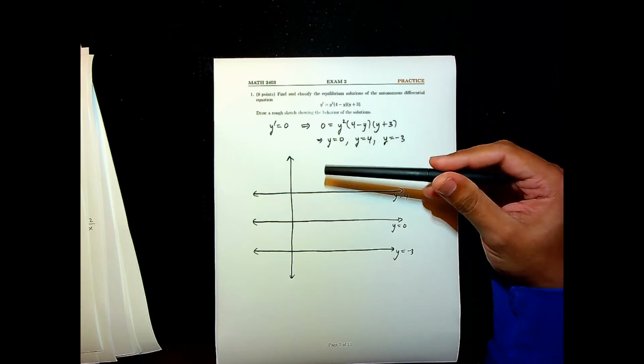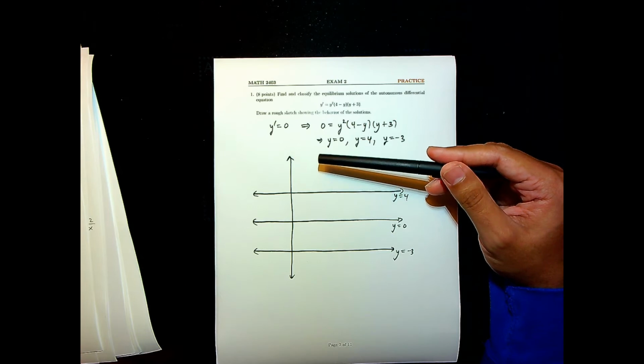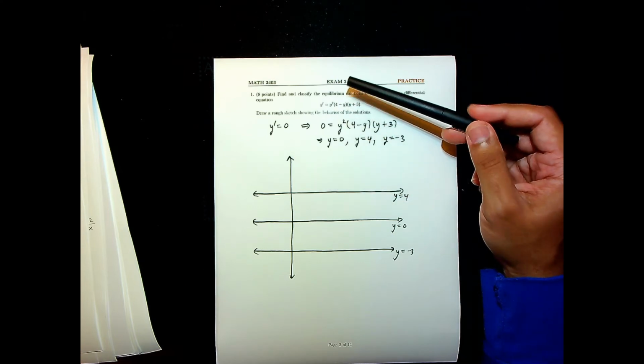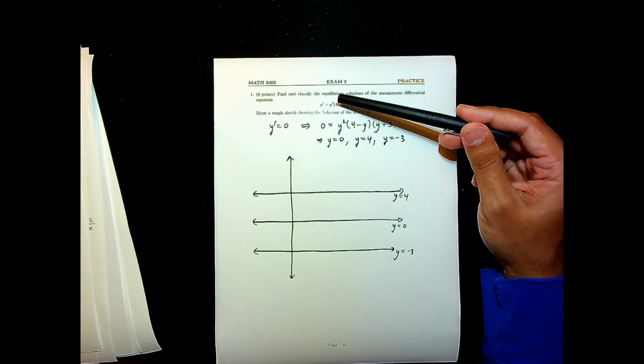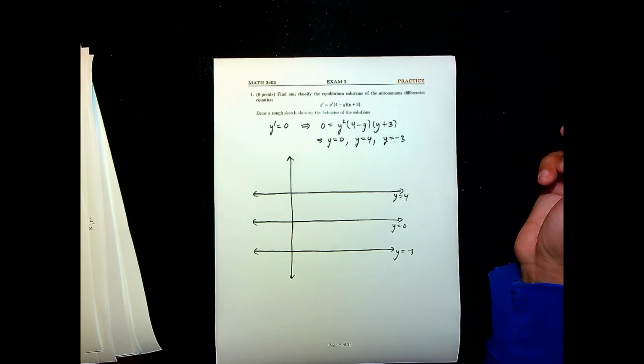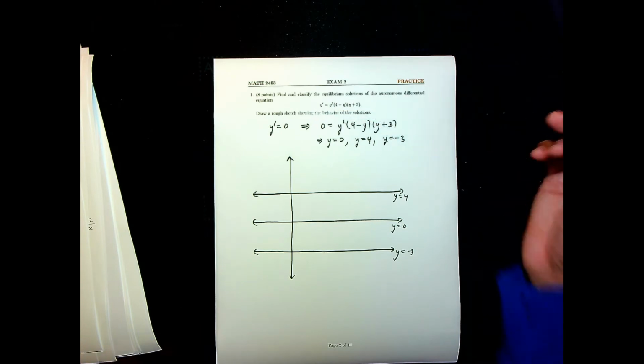So if we start above 4, let's say we plug in y equals 5. The derivative is going to be, well, that's positive. If I put 5 here, that is negative, and that's positive. So positive, negative, positive gives me negative.